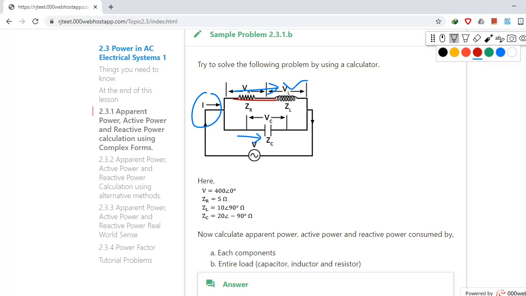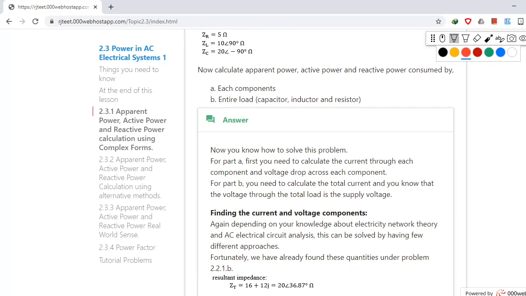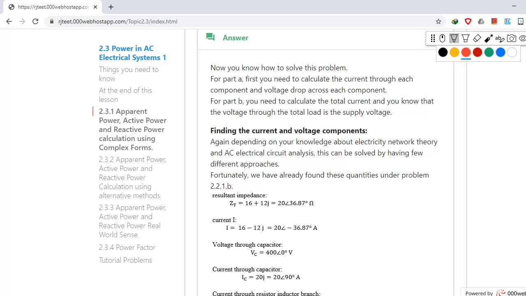This branch has, let's say, I1 and this one has I2, then this current will be the summation of these two. You already know these things, and I hope that you know, but if you still don't know, it's high time to go through section 2.2 again.